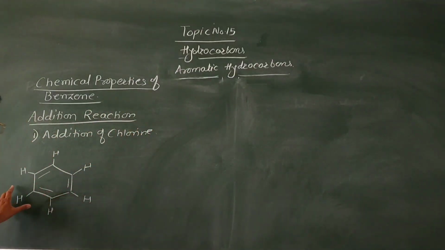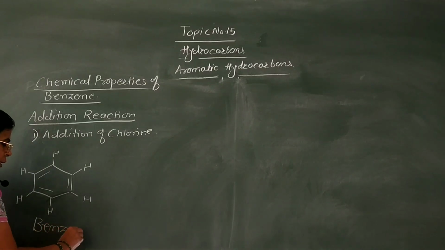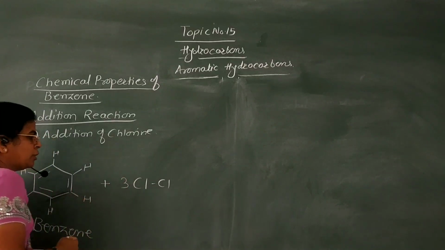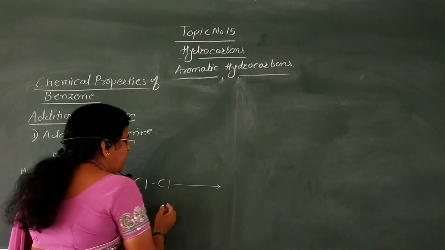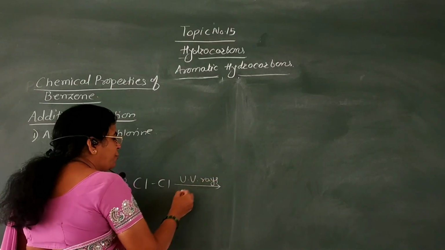Now this is benzene, C6H6. When this benzene is treated with chlorine, 3 molecules of chlorine are used, and this reaction is carried out in presence of ultraviolet rays or in presence of diffuse sunlight.